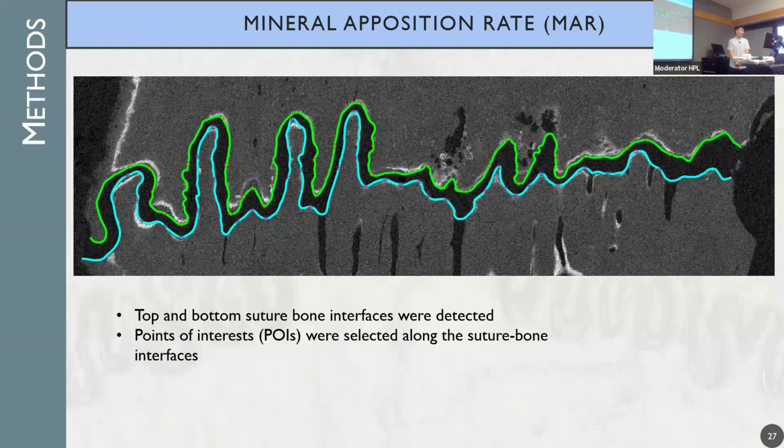Then on the strontium distribution image, I was able to again detect the top and bottom interfaces and selected the points of interest along the suture bone interface. Again, I tried to create a similar or equal amount of points in the concave, convex, and straight regions.